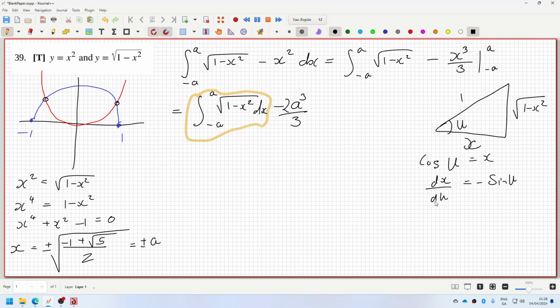So that means dx equals minus sine u du. And by the way, this root 1 minus x squared, that's the sine of u. The sine of u is equal to root 1 minus x squared over 1. So this becomes minus 2/3 a cubed plus the integration from minus a to a, sine u times dx, which is minus another sine u, so sine squared u du.